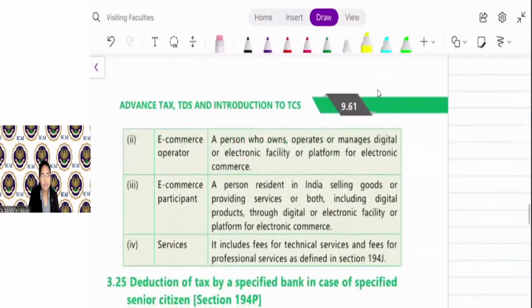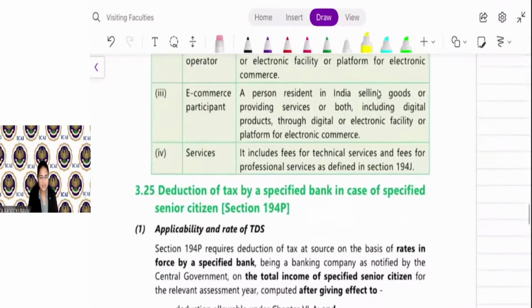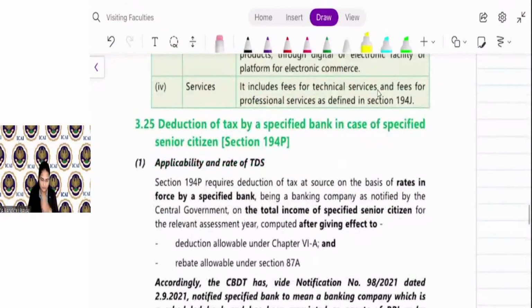E-commerce participant means a person resident in India selling goods or providing service or both, including product, through a digital or electronic facility or platform. Services include fees for technical service, professional service, everything as we have discussed under section 194G. Everyone clear with section 194O? Yes or no?